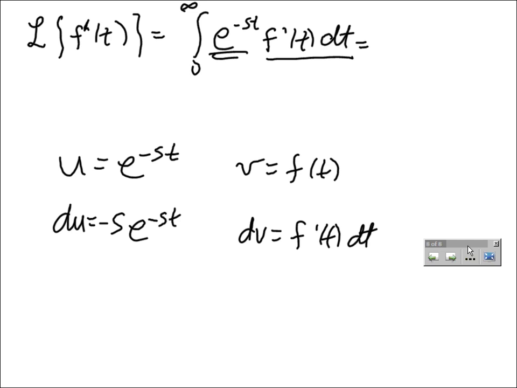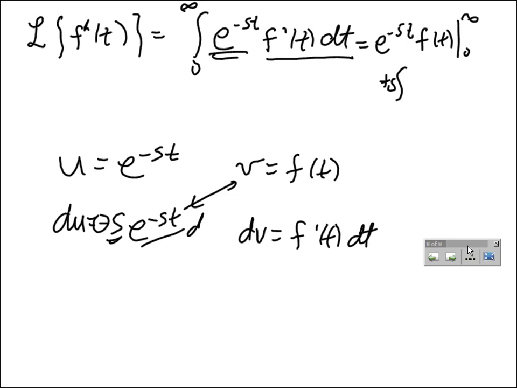And we know that this equals u times v from 0 to infinity minus the integral of v du. That product is negative itself, so it can become plus. I'm going to bring the s out in front, and this should have the dt.